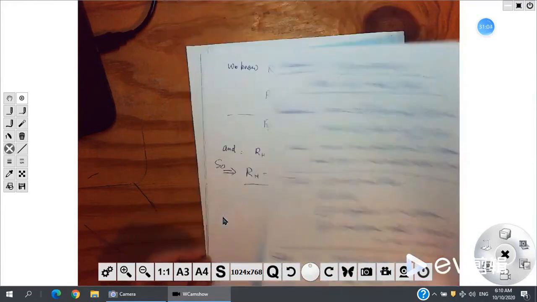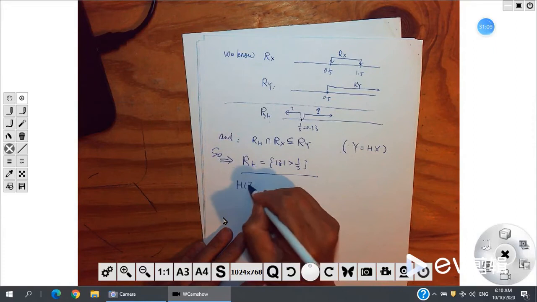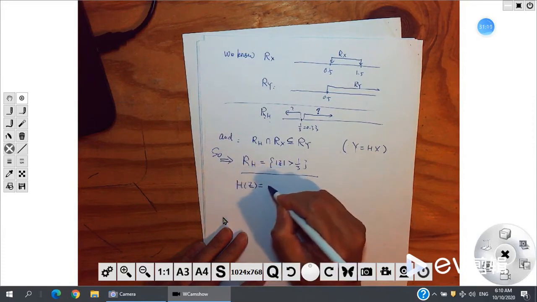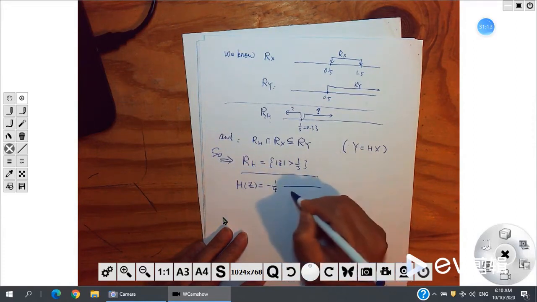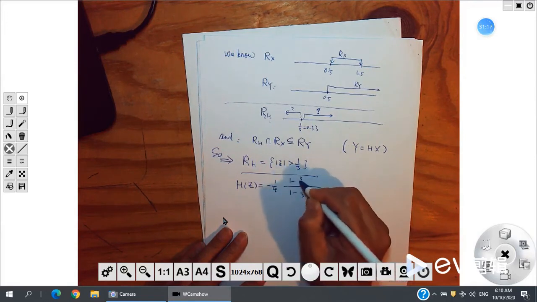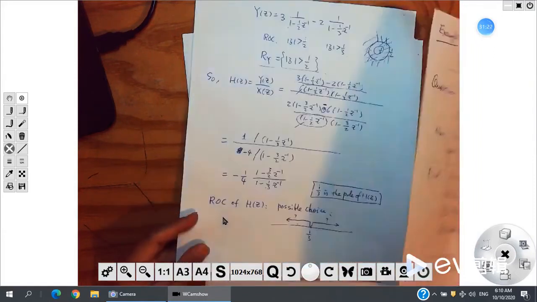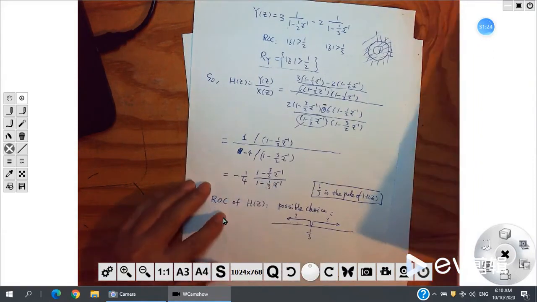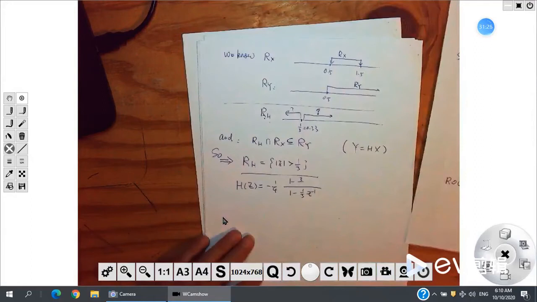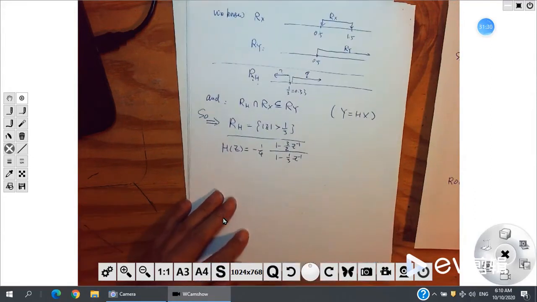Right here, H of z equals negative 1/4 times (1 minus 1/3 z to the negative 1) over (1 minus 3/2 z to the negative 1). This is the H of z.